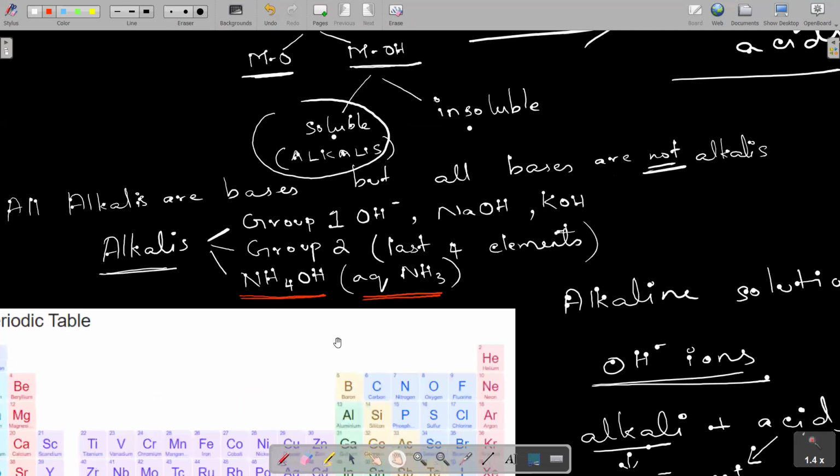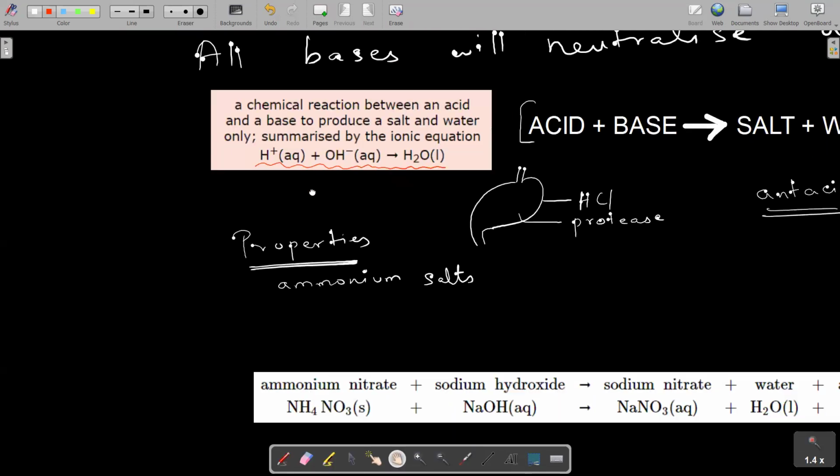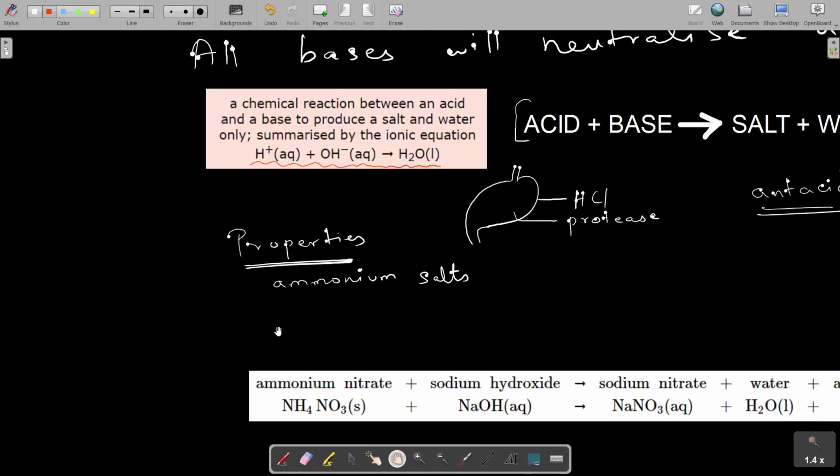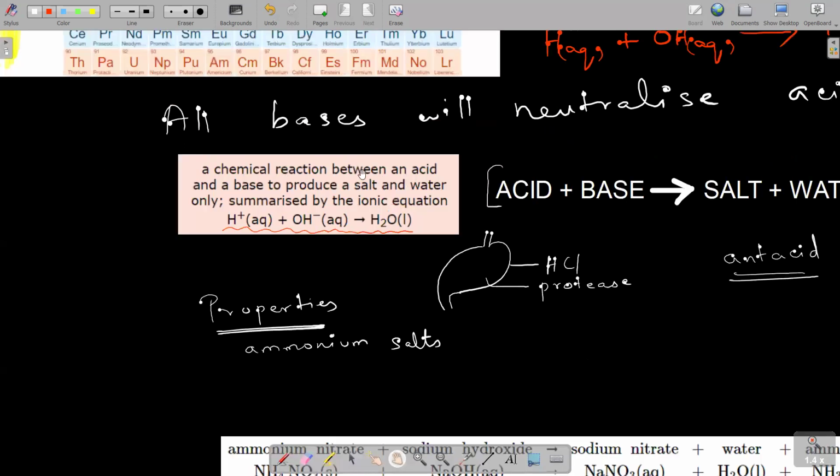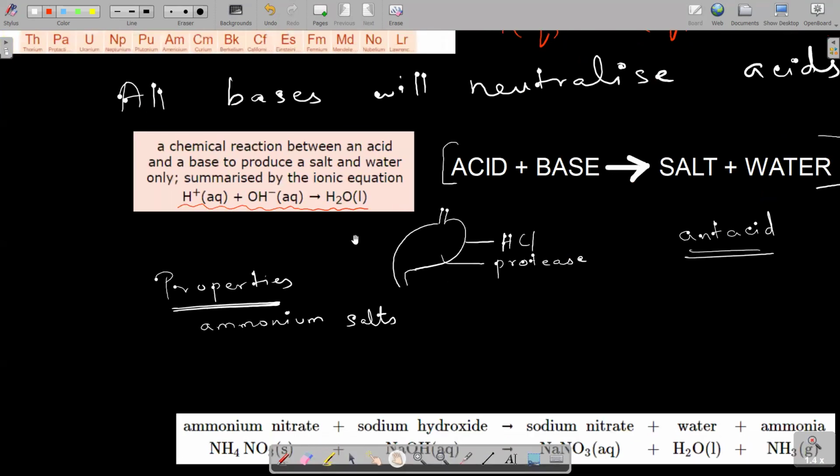So let's get back. In addition to the neutralization reaction, which is when water is produced along with the salt, bases also react with ammonium salts to produce ammonia gas.